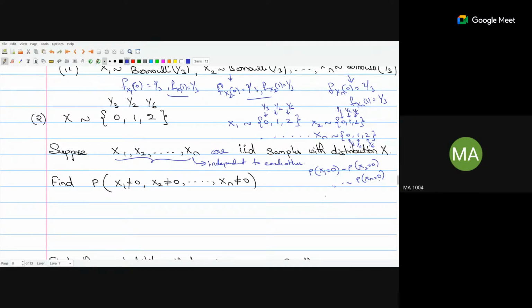So this is a joint distribution. As we said, they are independent of each other, so the first thing I will use is that independence. Using independence, I can split this joint into a product of marginals.